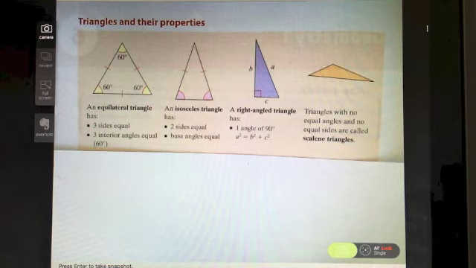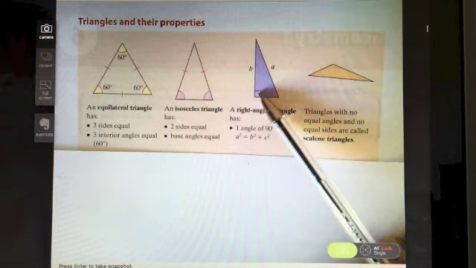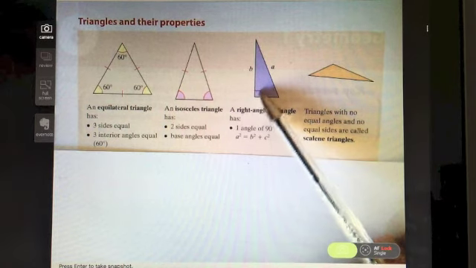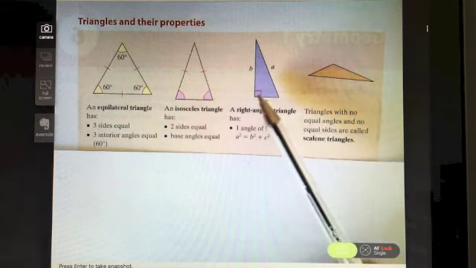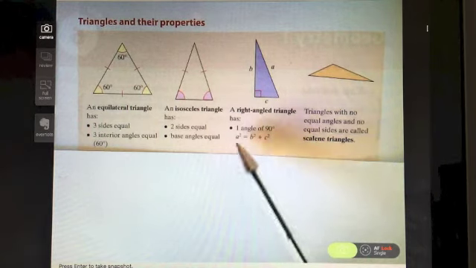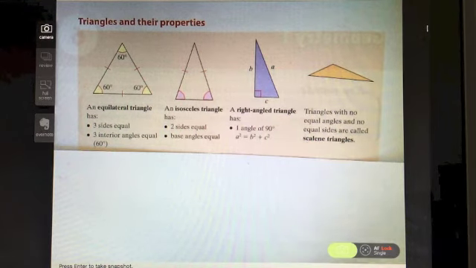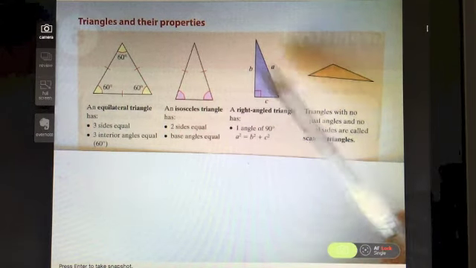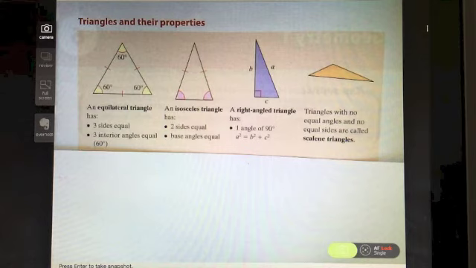Then a right angle triangle obviously has a right angle in it, and of course you know it can be denoted by this little box here, or a little L. That would make 90 degrees, and then of course in a 90 degree angle Pythagoras applies, so don't forget that. So your hypotenuse squared is equal to the other two sides squared and added together. And a scalene triangle is one that doesn't have any sides that are equal or any angles that are equal.